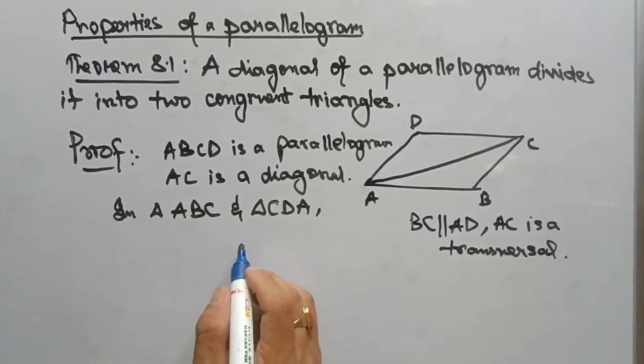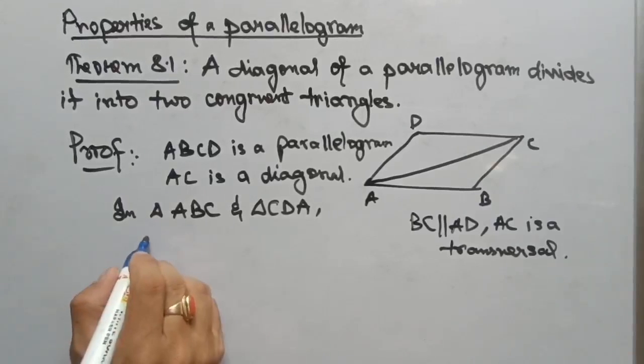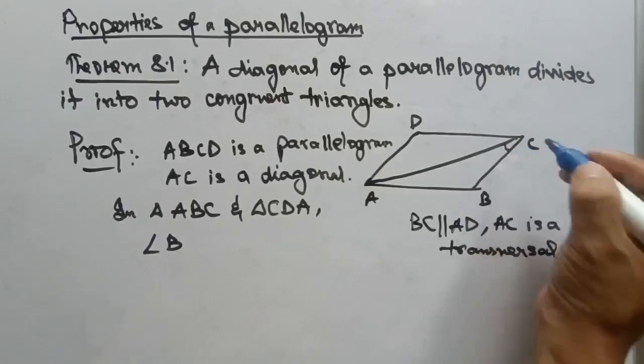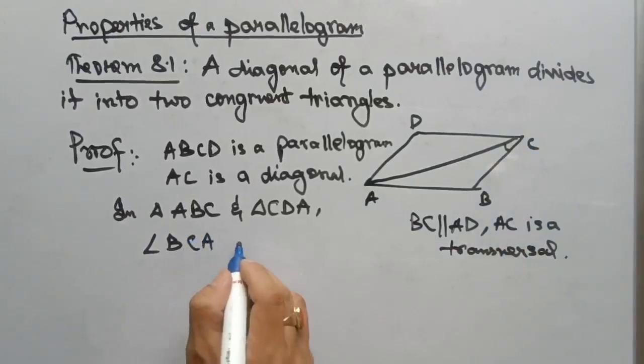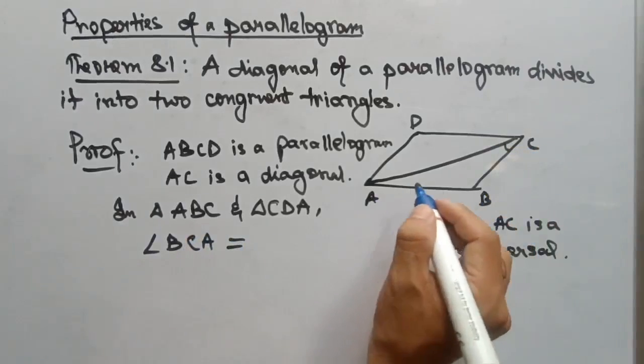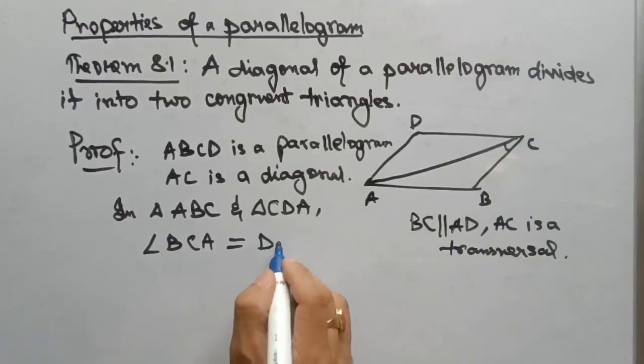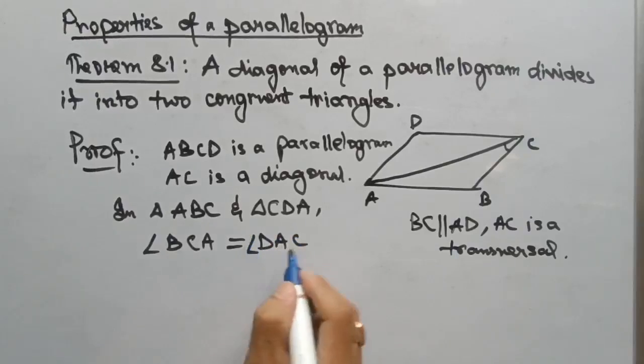So in triangles ABC and CDA, angle BCA is equal to angle DAC.